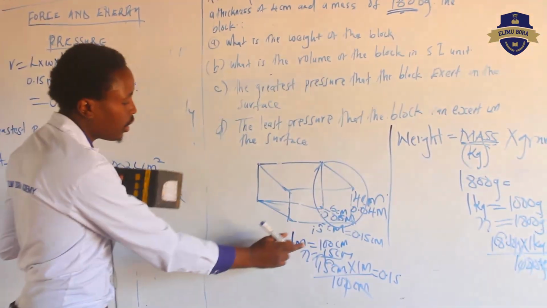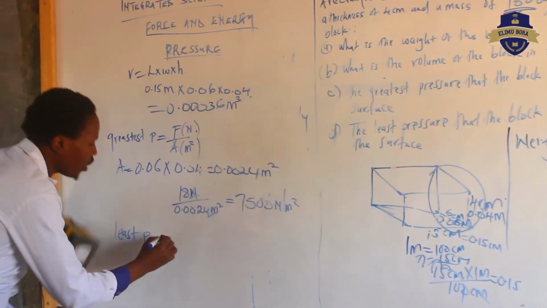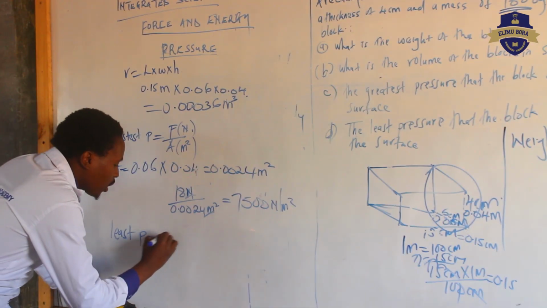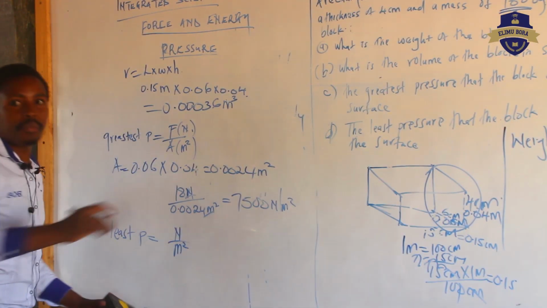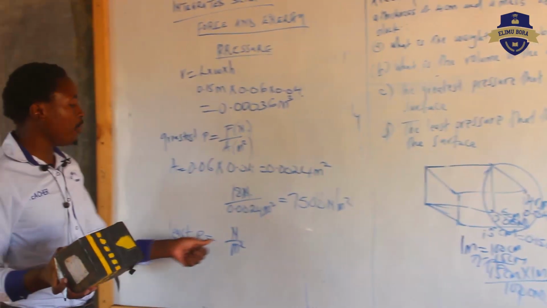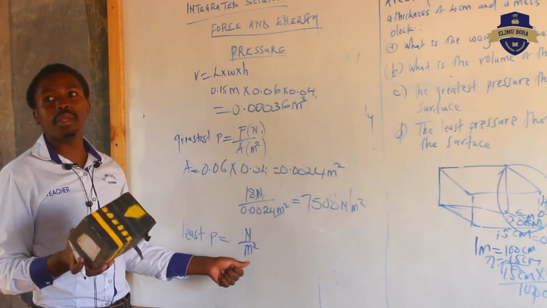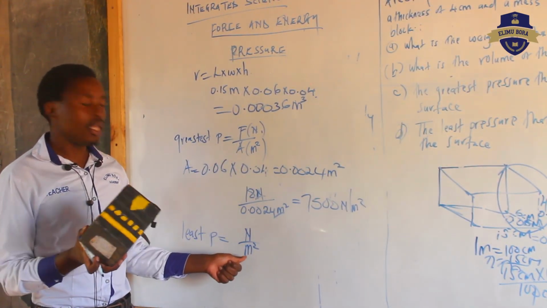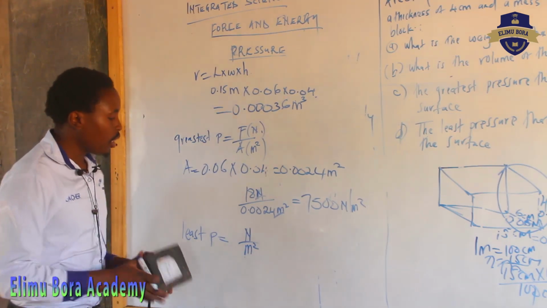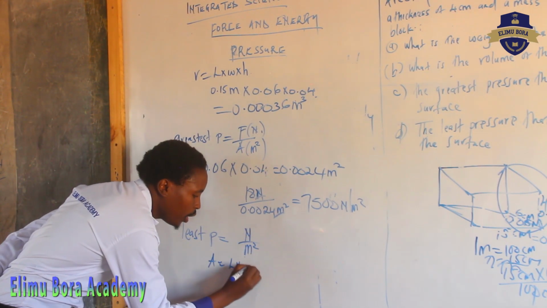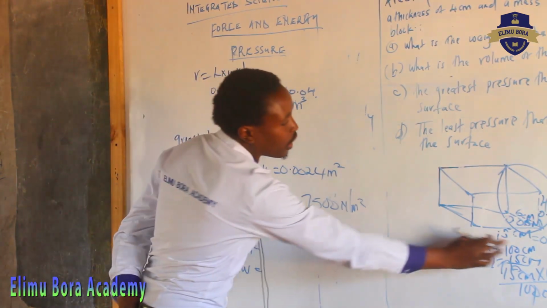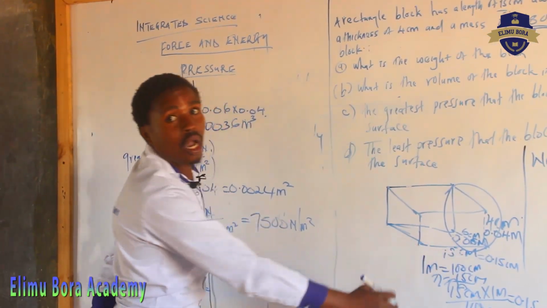Remember, the least pressure will be Newton over meter square, where the meter square is the area. Now, let's look for the area. It's length times width. Our length will be what, class?